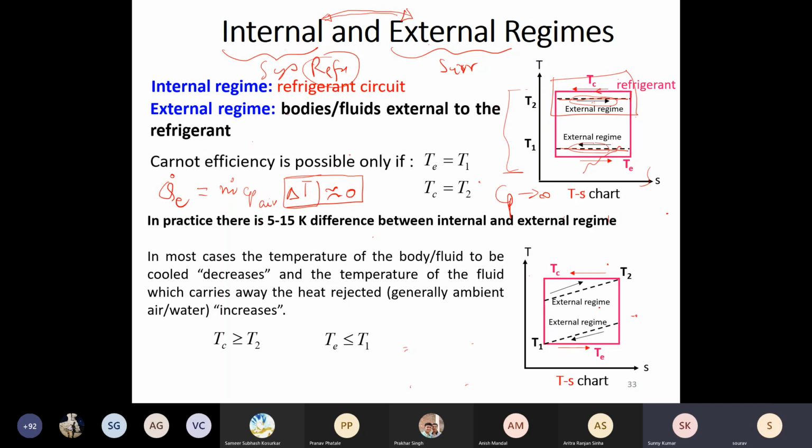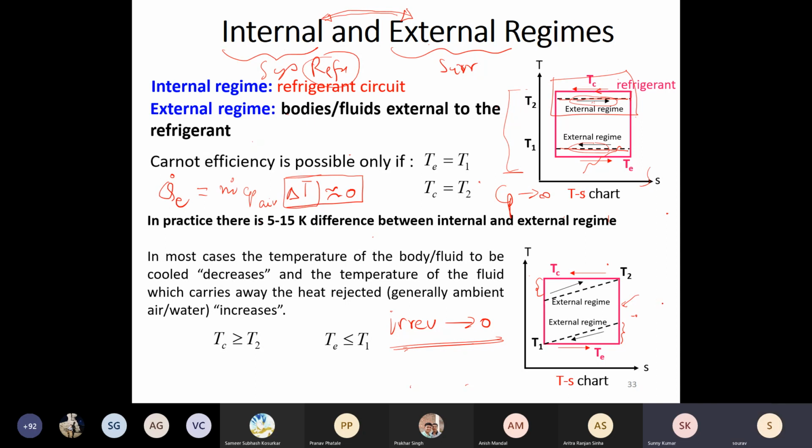Now, can you think of a cycle which is definitely not a Carnot cycle, with some internal processes which will lead to irreversibility going to zero? Don't think in terms of a Carnot cycle, because as you can see, if I have my internal regime undergoing this Carnot cycle, just because of heat transfer processes, there will be irreversibilities. So think of some arbitrary process line which will lead to a perfectly reversible cycle, which will yield me the best COP.